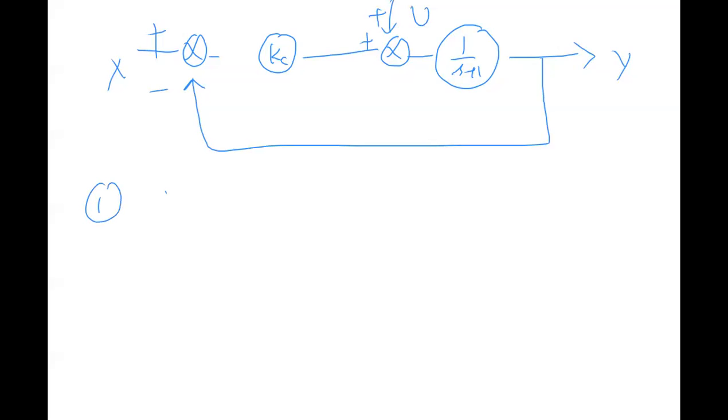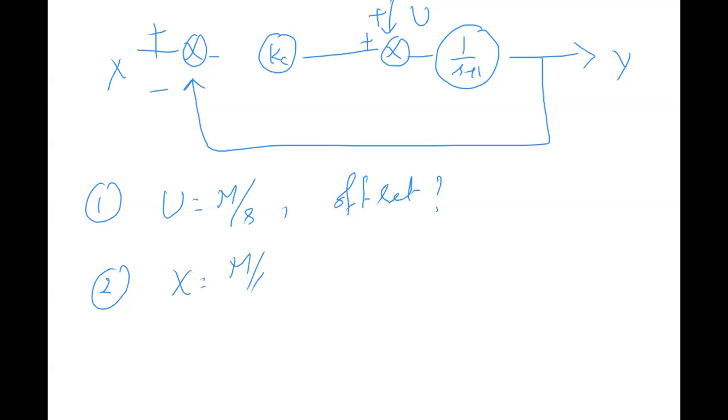First one, for U equal to M by s, what is the offset? Now the load is changed by M units. Second one, X equal to M by s, what is the offset?